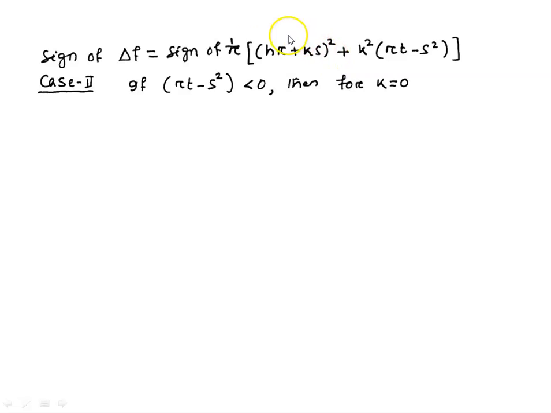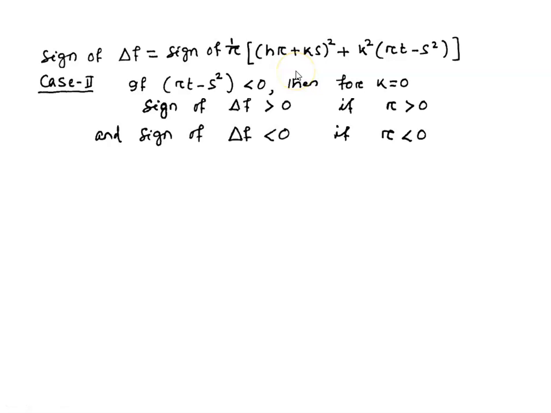Now we have only 1 upon r, hr plus ks whole square with us. So the sign of this difference delta f is positive if r is positive, because here k is 0, so we have only this. If r is positive and hr plus ks whole square is always positive, then sign of delta f is positive. If r is negative, then sign of delta f is negative.